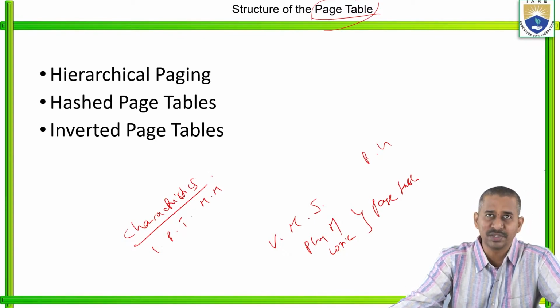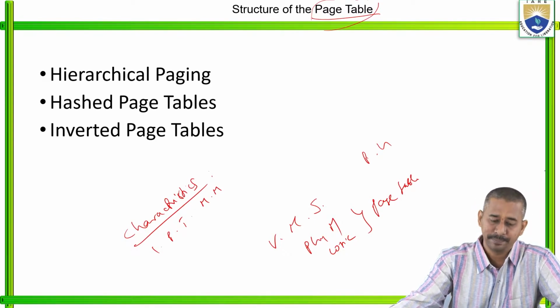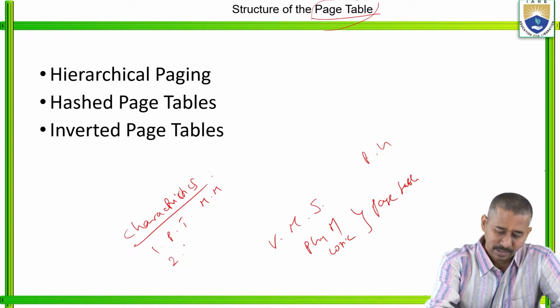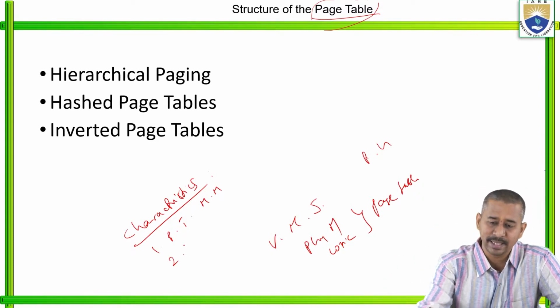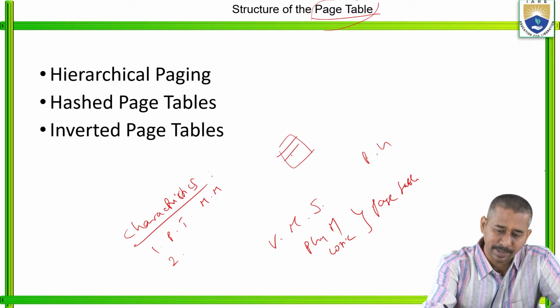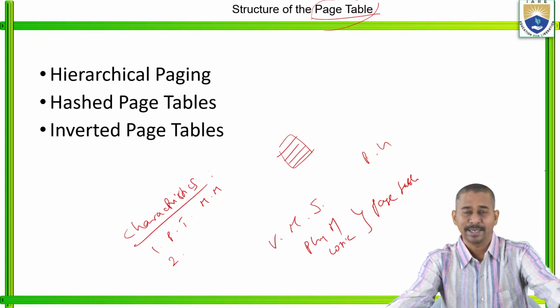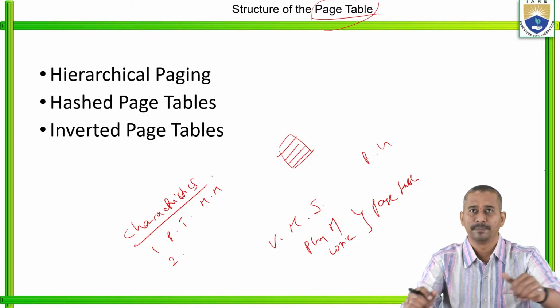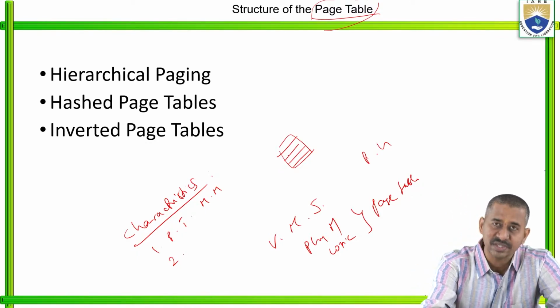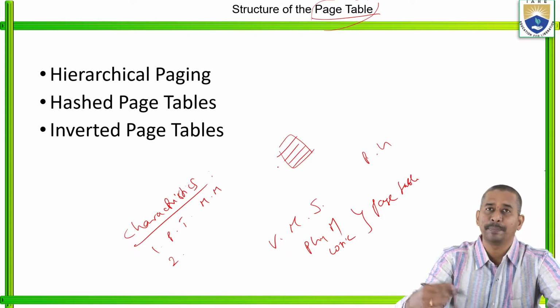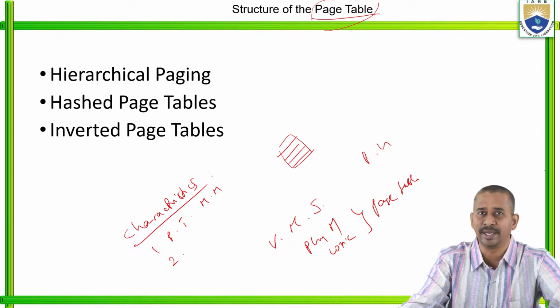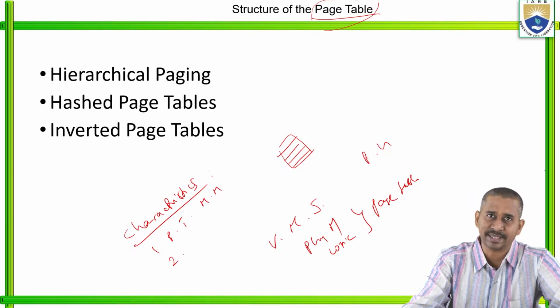Second, the number of entries in the page table is equal to the number of pages the process is divided into. That is the second characteristic.